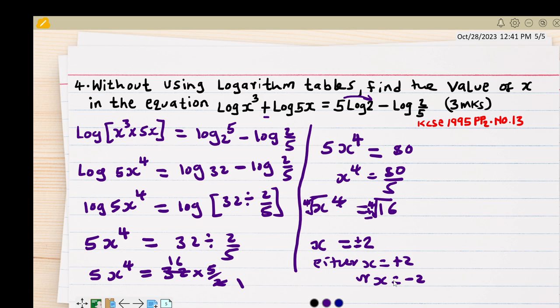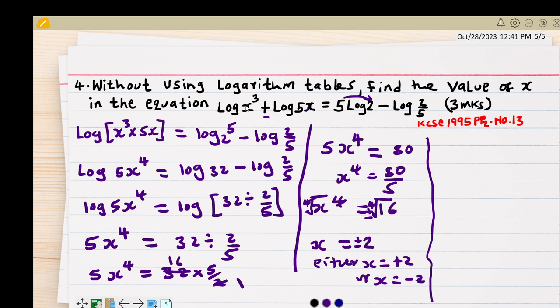But if you look at the negative answer, if you substitute negative 2 here, this will be 5 times negative 2, which will give you negative 10. The logarithm of negative 10 is not defined, or it does not exist. So the logarithm of a negative number is not defined. That is why we reject negative 2 as the answer.